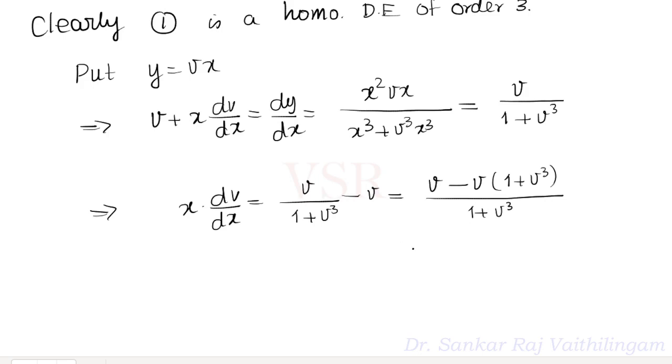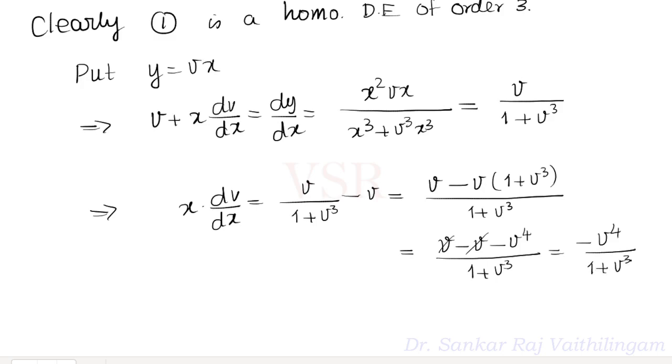So this is equal to v minus v minus v to the power 4 divided by 1 plus v cube. So this v and this v will cancel. So we end up with minus v to the power 4 divided by 1 plus v cube.